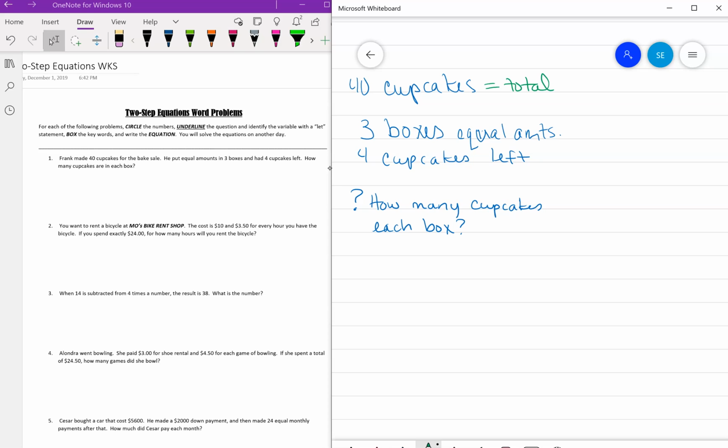And then we are going to start using let statements. The let statements always fall around the question mark. The let is where we include our variable. So we're going to say let X represent cupcakes in each box.